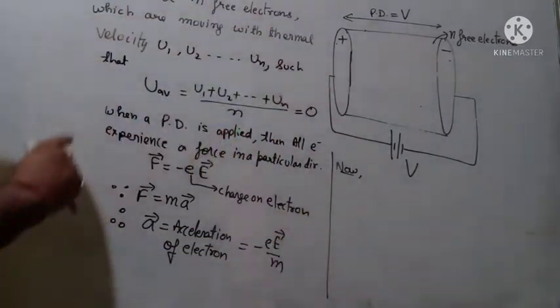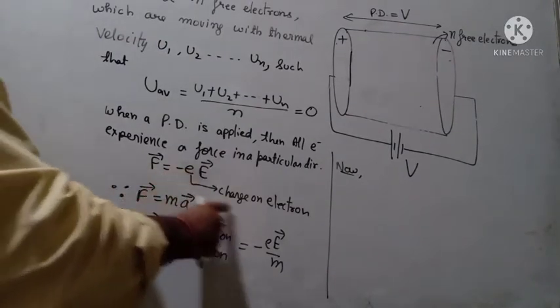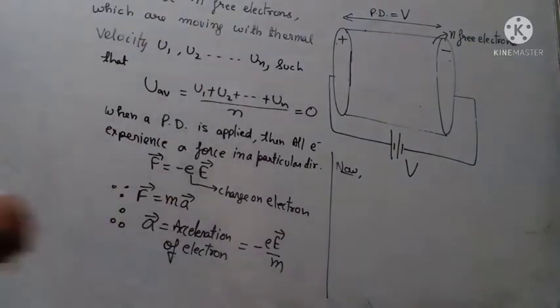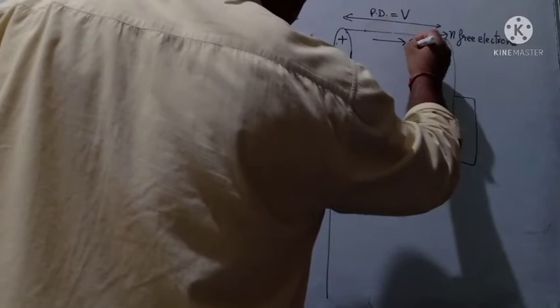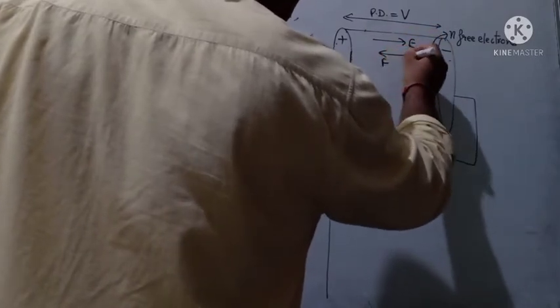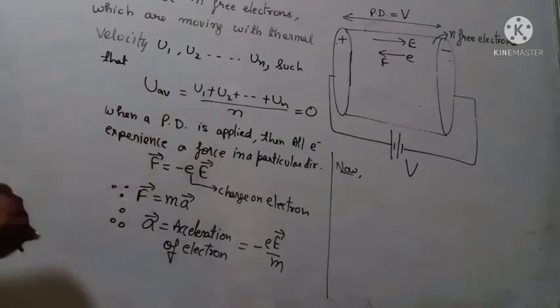As we have seen, that force is given by -eE, where e is the charge on the electron. Why this negative sign? Because the electric field is in this direction and the force experienced by the electron is in this direction. Both are opposite. That's why negative.